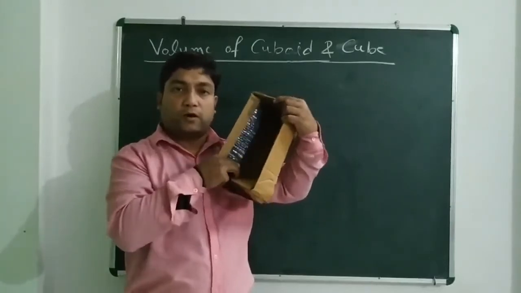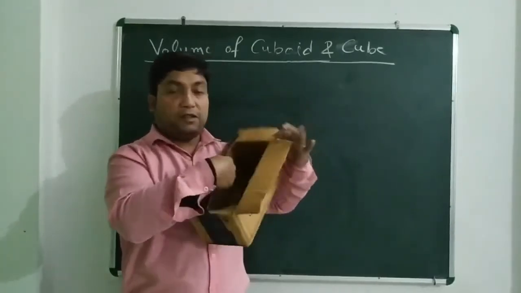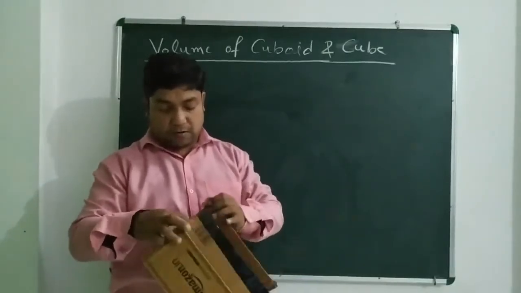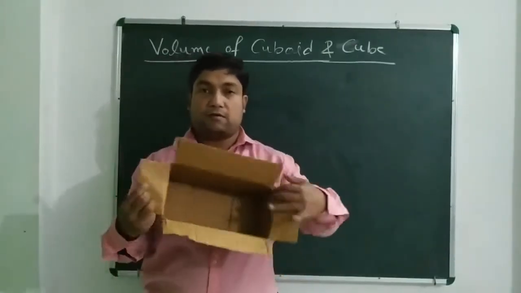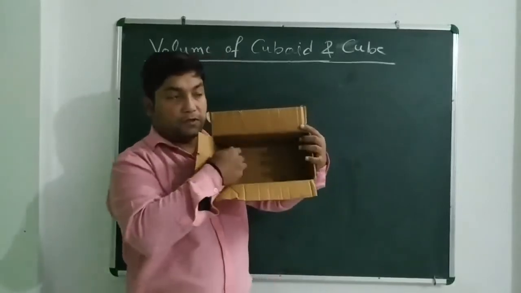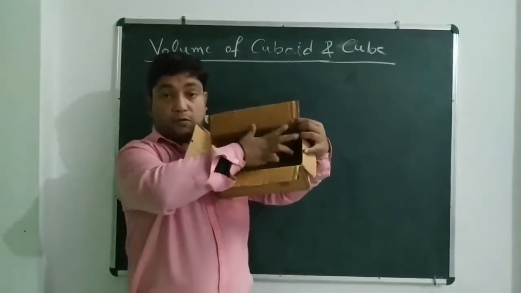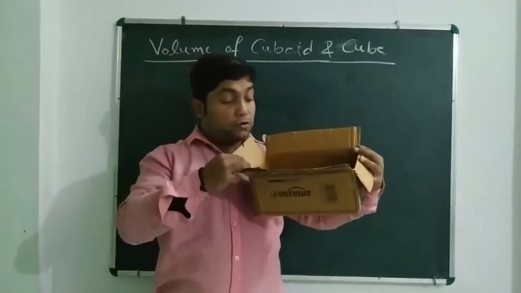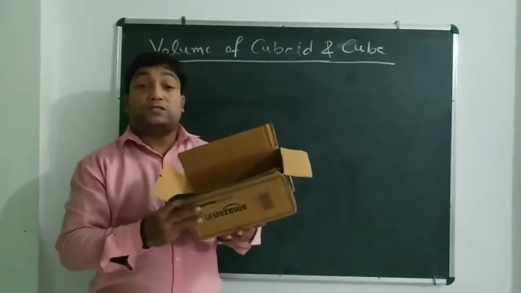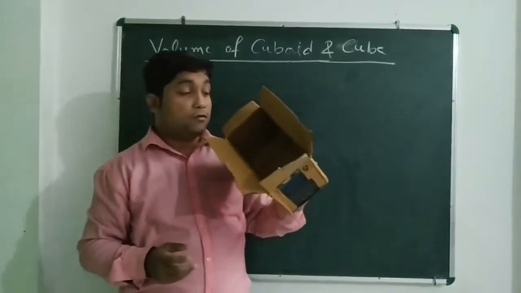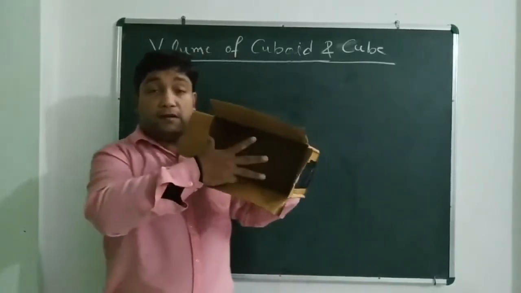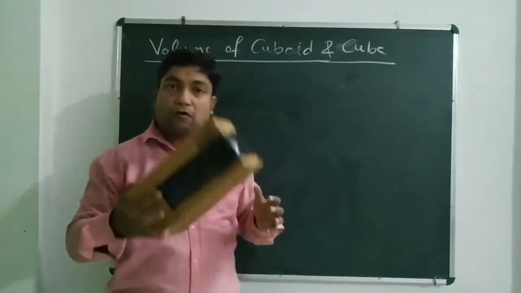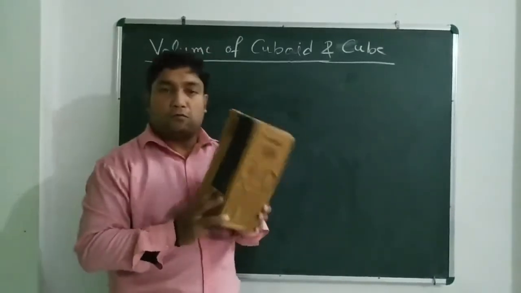It means that at that time, this cuboid is totally free, so the cuboid contains air. So the question arises, what amount of air is inside the cuboid? For finding this, we have to find the volume.